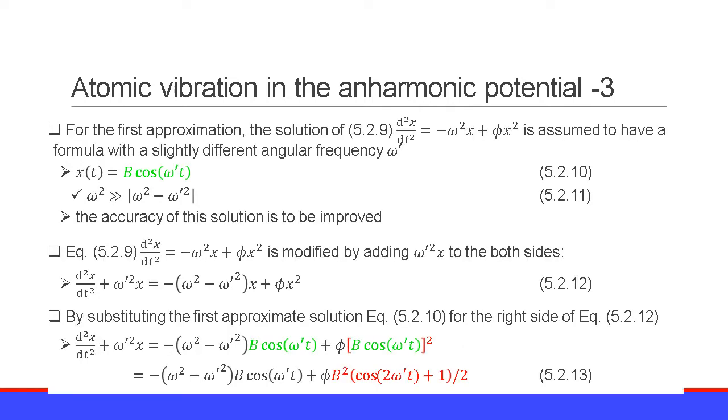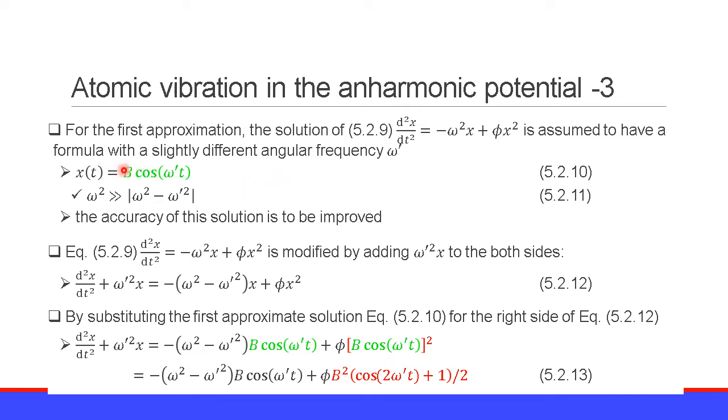For the first approximation, the solution of equation 5-9, the second derivative of the displacement x with respect to time t is equal to minus omega squared x plus phi x squared, is assumed to have a formula with a slightly different angular frequency, omega prime.